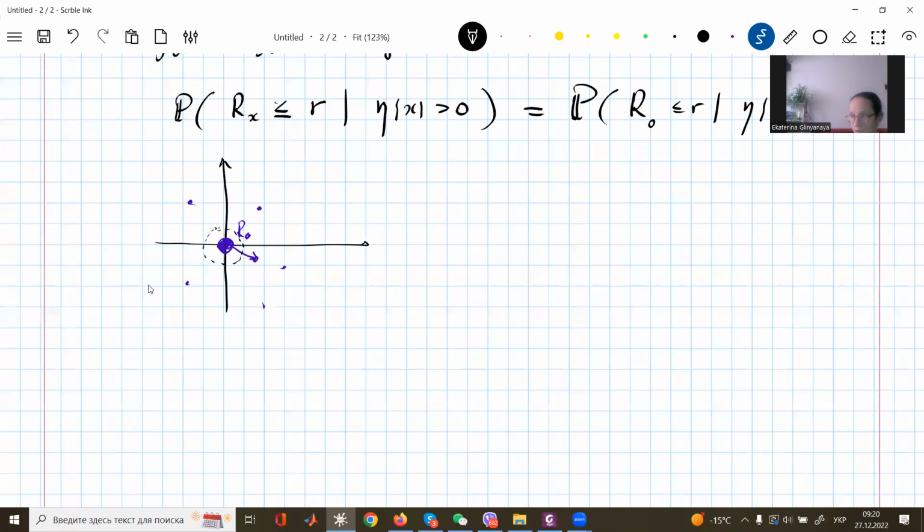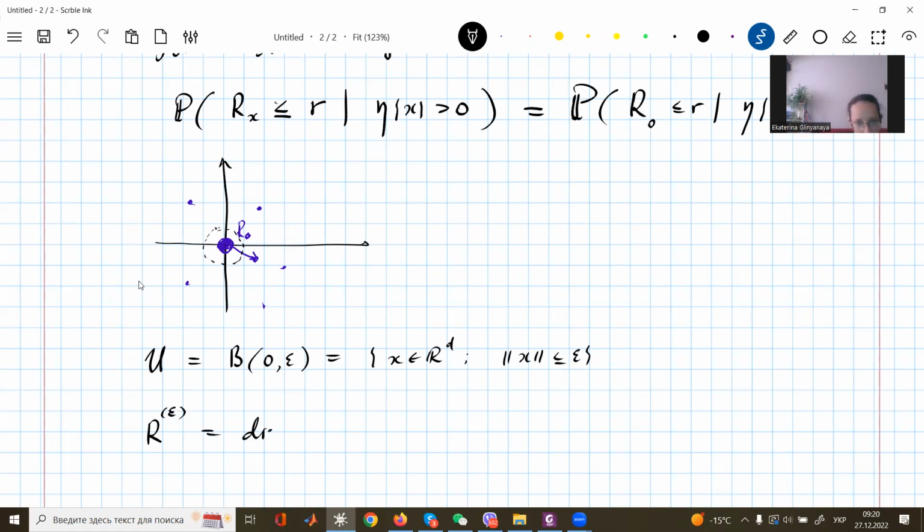What do I mean? Let us consider U, the ball at origin of radius epsilon. So this will be all x in R^d such that the norm of x is less than epsilon. And I will consider now R_epsilon.